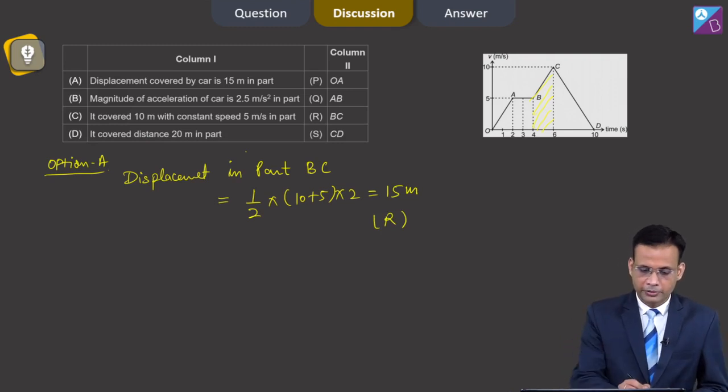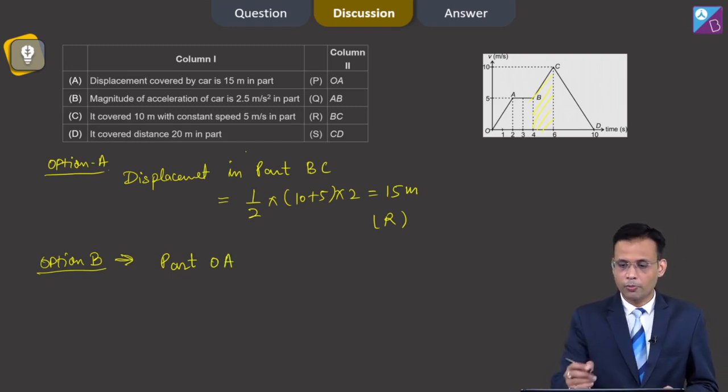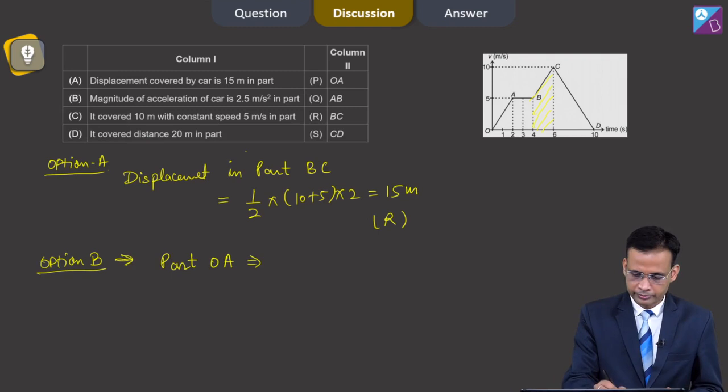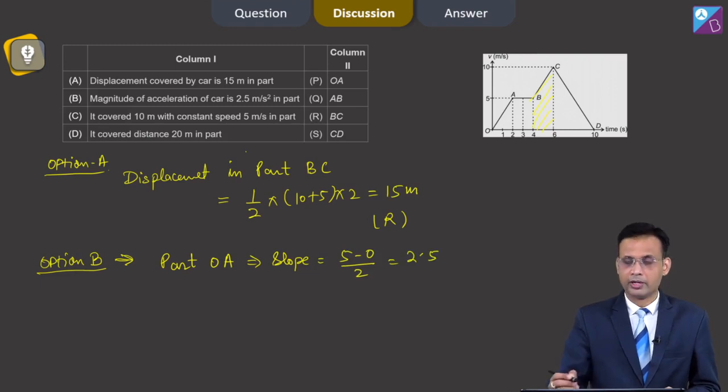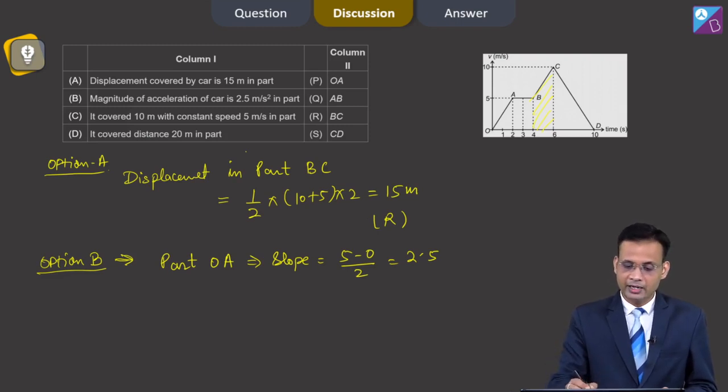Now, for option B, if you look at part OA, the slope of OA is equal to 5 minus 0 by 2, that is 2.5, and we know that slope of velocity time graph gives acceleration. So, we can say that acceleration in part OA is 2.5 meter per second square.